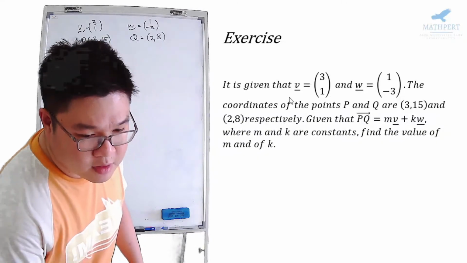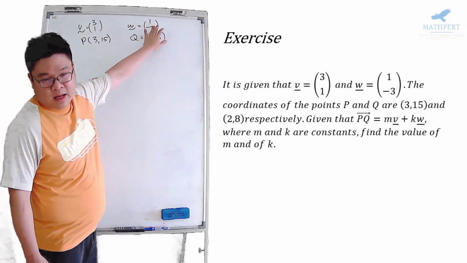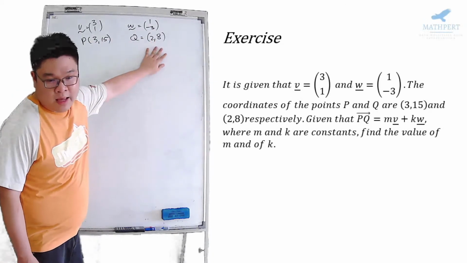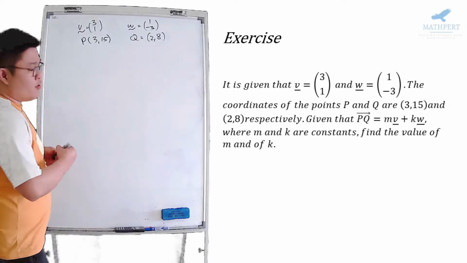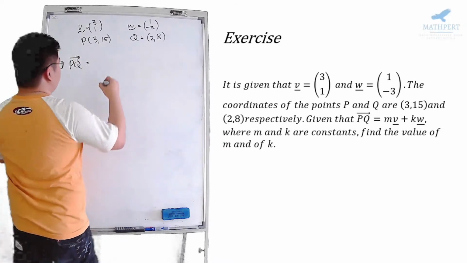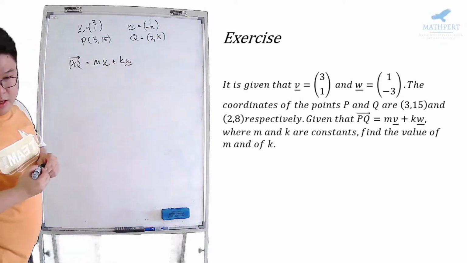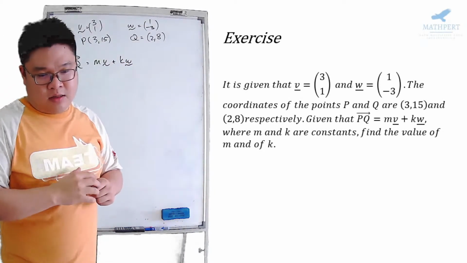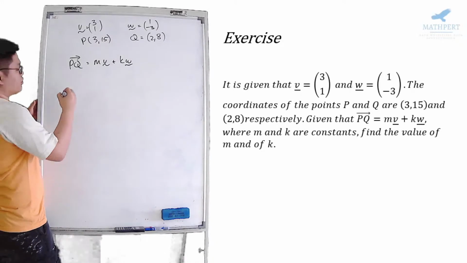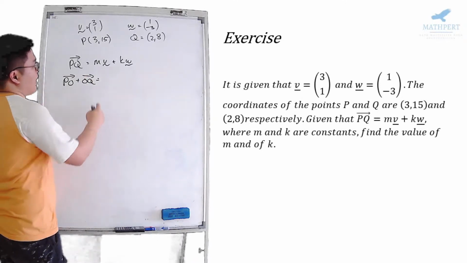Okay, time's up. So it is given that V is equal to 3i plus j, W is equal to i minus 3j. The coordinates of the point P is (3, 15), Q is (2, 8). And given that PQ is equal to MV plus KW, where M and K are constants, find the value of M and of K. So PQ is equal to PO plus OQ is equal to MV.